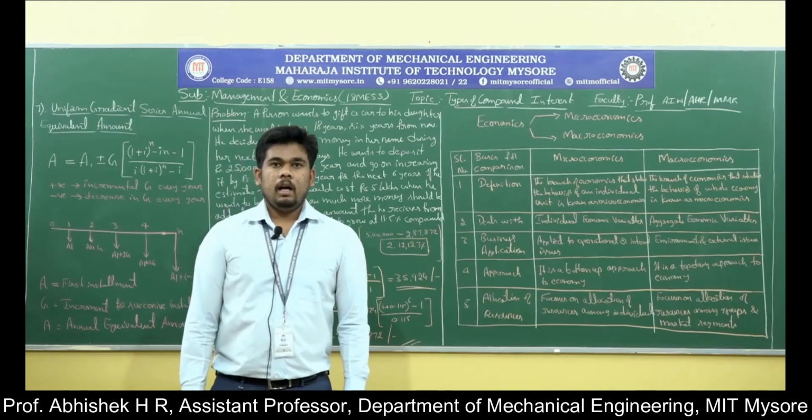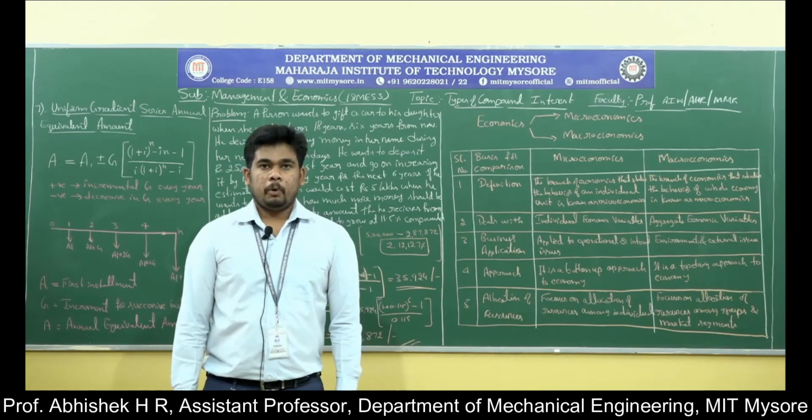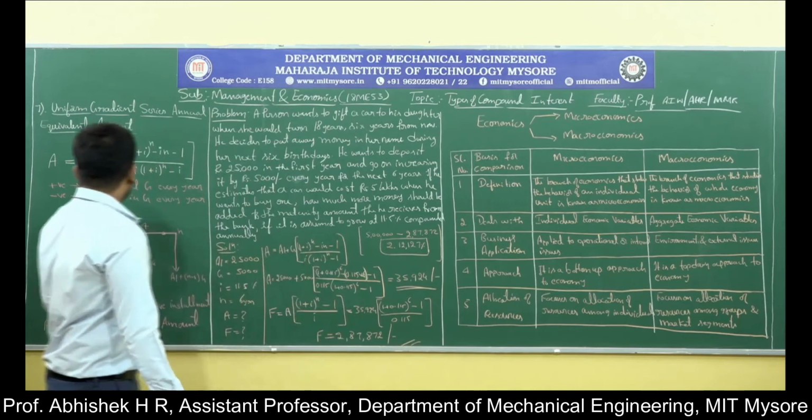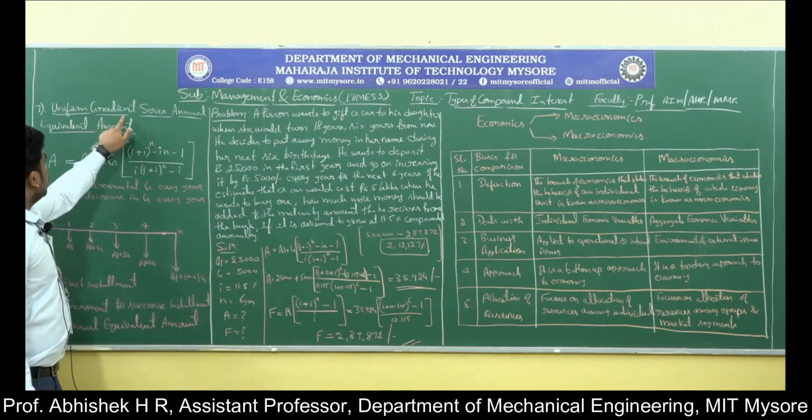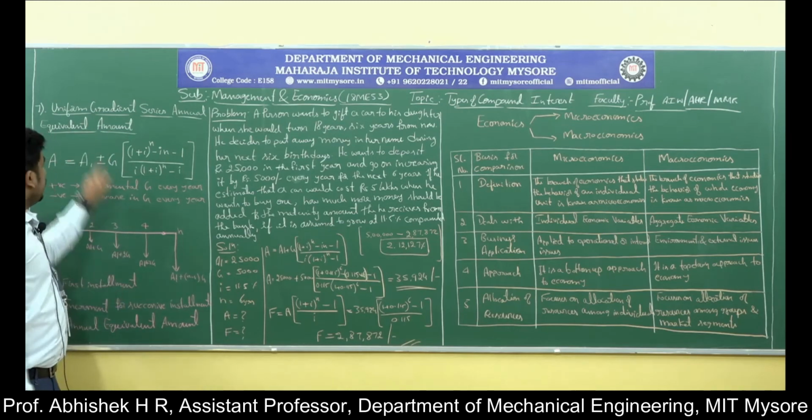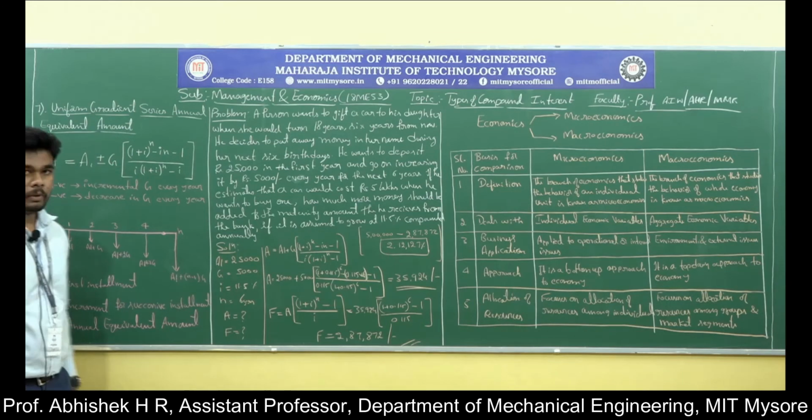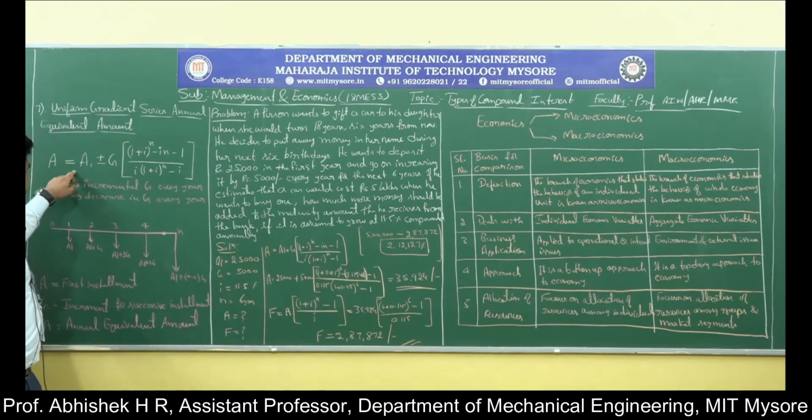Now we will see the last type of compound interest, the seventh type: uniform gradient series annual equivalent amount. We are going to calculate A, the annual equivalent amount.